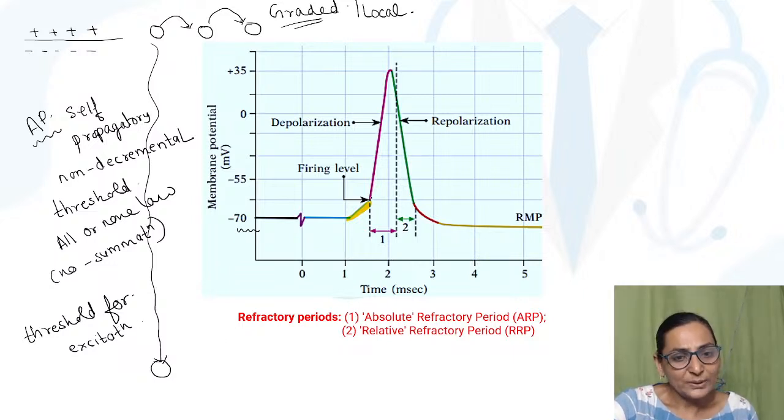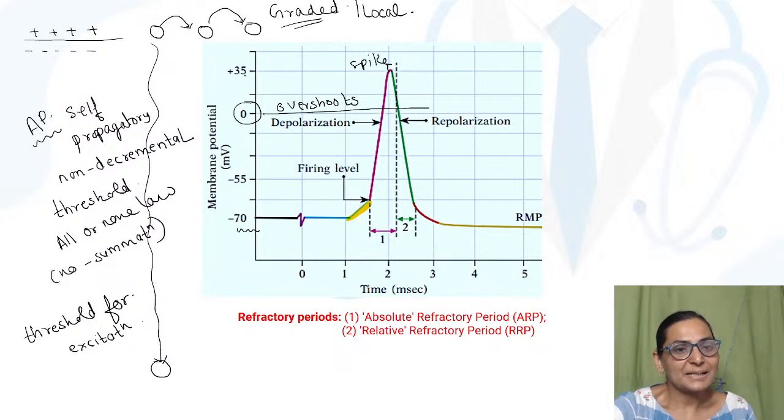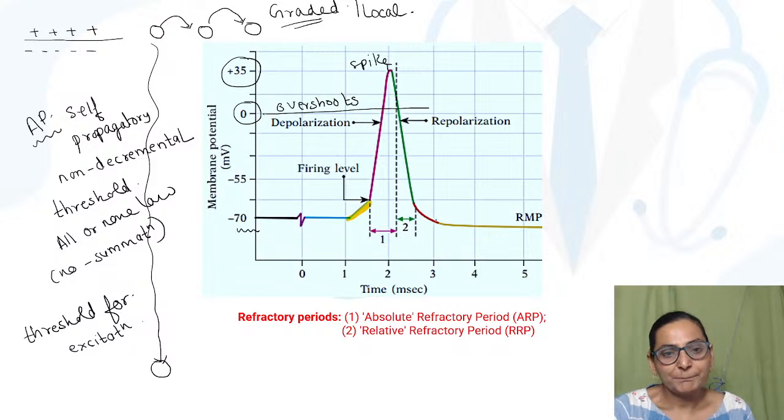This will then be converted into an upstroke which will cross the zero. So you can say this overshoots, reaching up to a spike at plus 35, and as soon as you get a spike, there will be repolarization or the downward limb.